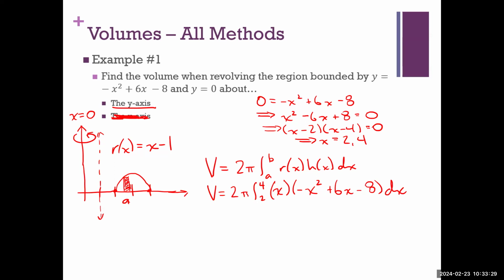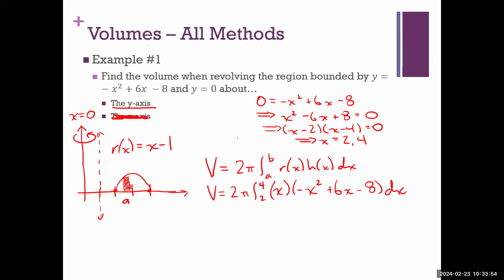So the way I would get my radius for that new line, I'm going to compare whatever my x value is to x equals 1. So that's why I take that difference. Your radius is going to be something a little more complicated than simply the variable whenever you're rotating around something that's not one of the coordinate axes.